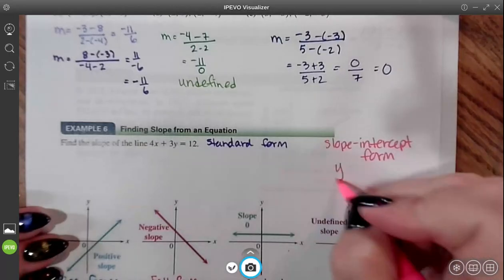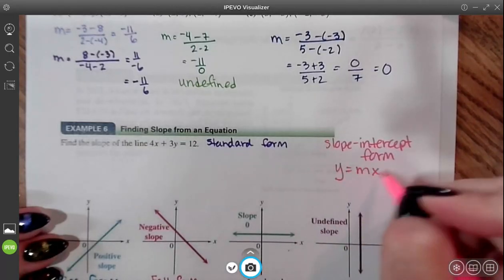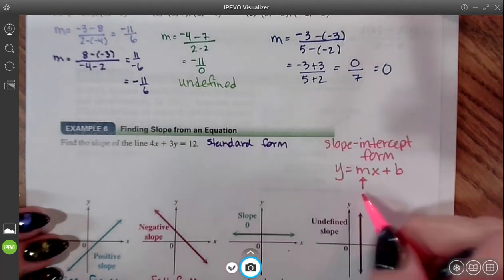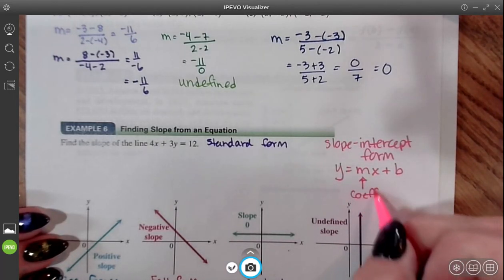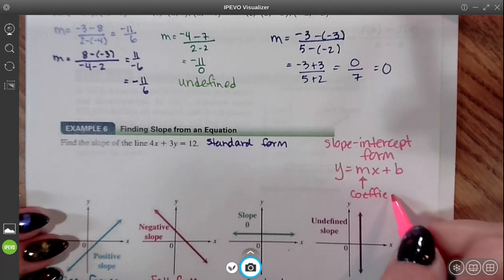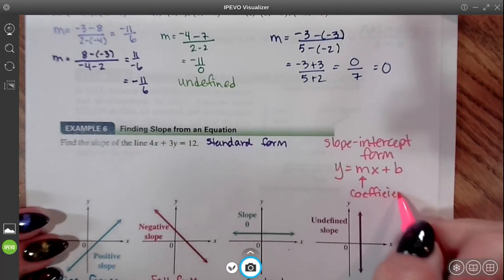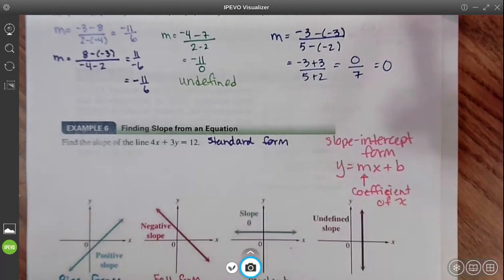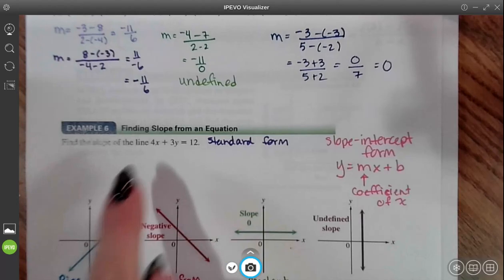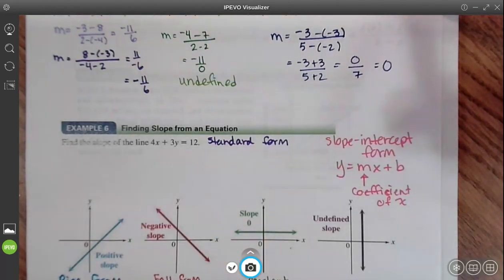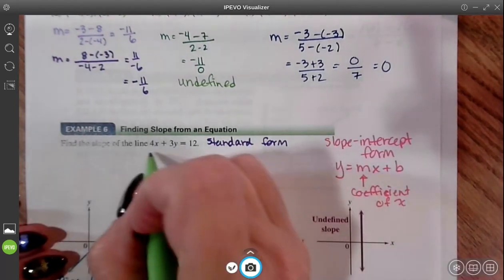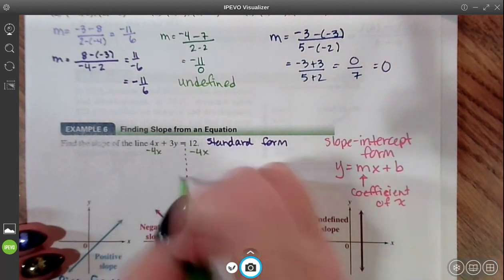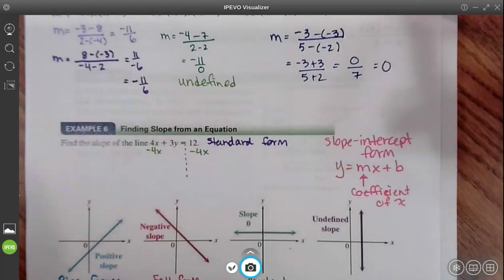Slope-intercept form is y equals mx plus b. So remember that m is the slope, so we're going to be looking for the coefficient of x when we have it as y equals. So our first job, when we have 4x plus 3y equals 12, is going to be subtracting the 4x to the other side of the equation so that 3y is by itself.